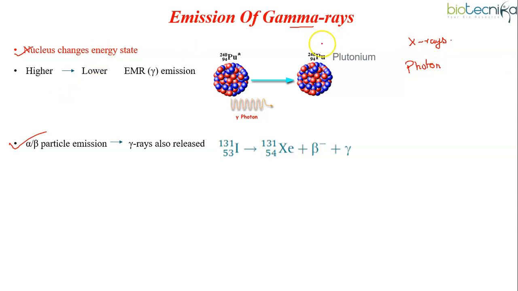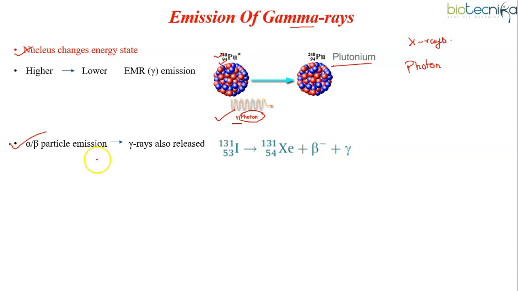As shown over here, plutonium, which has an atomic number of 94 and mass number 240, when its nucleus changes its energy state from higher to lower, releases photons of light which lie in the gamma region of the electromagnetic spectrum. So gamma rays are emitted when the plutonium nucleus changes its energy state from higher to lower.